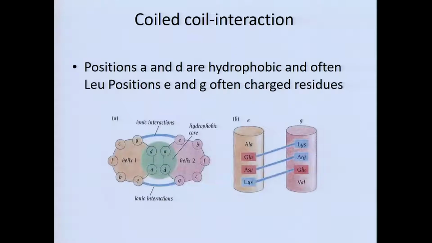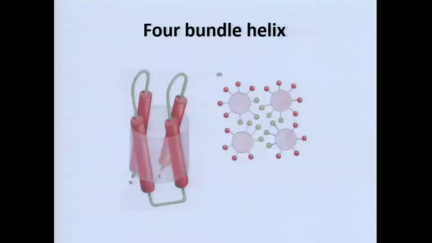And this is another representation. You can see here, these are the ionic interactions, and this is the major hydrophobic core. And these cores are because of the presence of hydrophobic amino acids. So if there are not only one, sometimes 4 alpha helices come close to each other to form a 4-helix bundle.